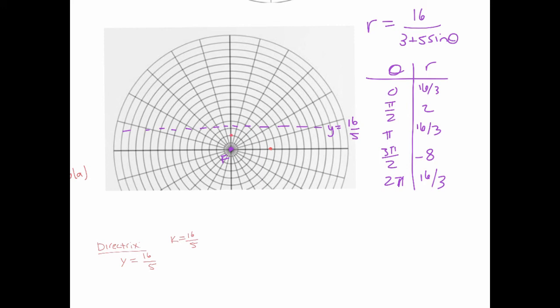And when you rotate pi, you walk out 16/3 again. And when you walk out 3 pi over 2, you walk out -8, so you walk backwards 8. So that would plot this point. Okay, and then when you rotate 2 pi, you're back to where you began.